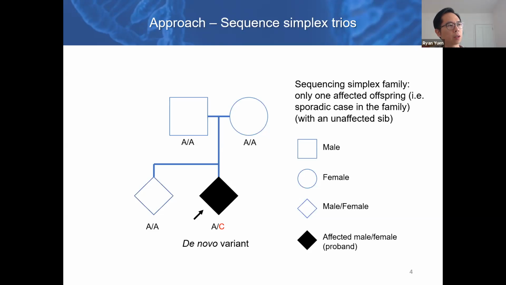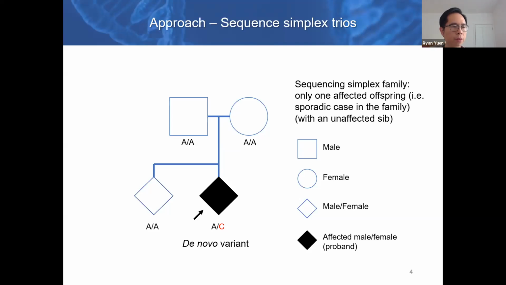autism spectrum disorder. There is a cohort that is quite widely used, which is coming from the Simons Simplex Collection, in which it also includes at least one unaffected sibling in the family. So the design of that would be sequencing both the parents, one affected child, and an unaffected child in the family. So a lot of the studies using next generation sequencing, either exome sequencing or whole genome sequencing right now, would be comparing the rate of de novo variants in the child with autism compared to the unaffected child with no autism in the same family.